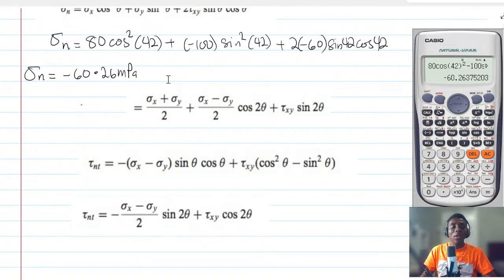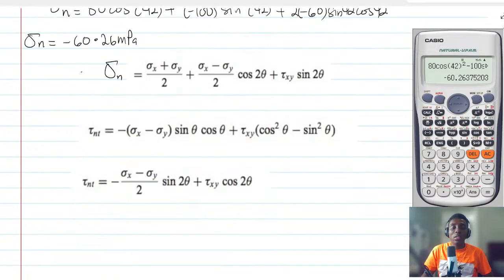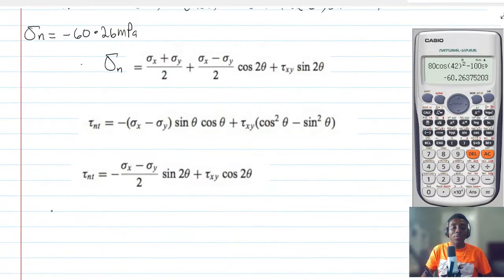So what I'm trying to say is that if you want to calculate for the normal, you can even use this formula. But this one will help us to get the shear stress between the N and the T, which is the normal and the tangential.